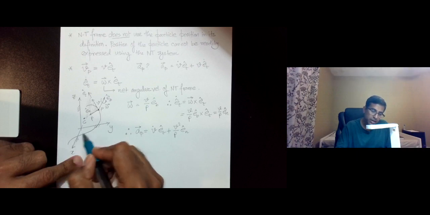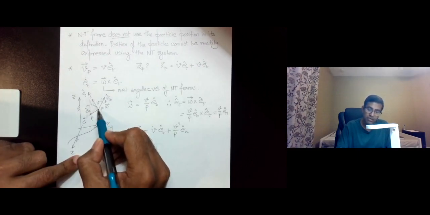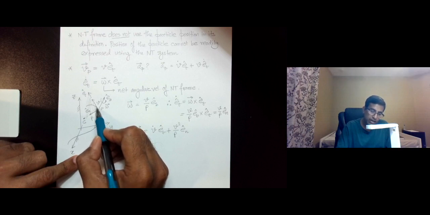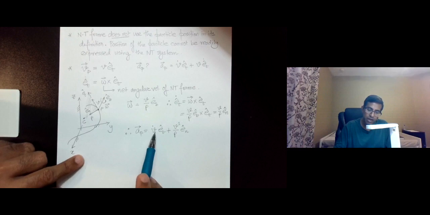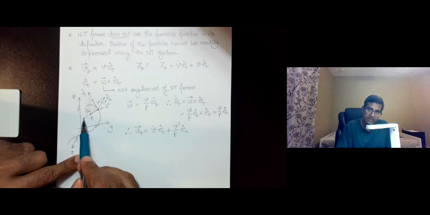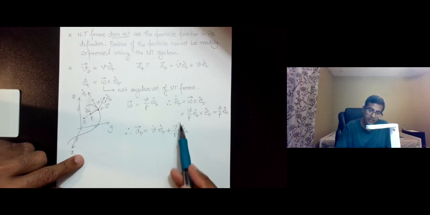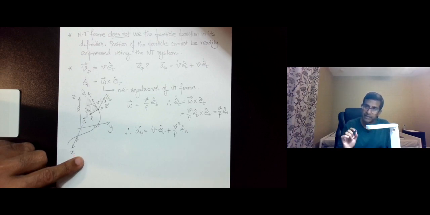As a particle goes in a curved path, its acceleration consists of two components. One is along the tangential direction, and that acceleration depends on how the velocity itself is changing with time. The other component is towards the instantaneous center, and that acceleration is given by v squared divided by the radius of curvature of that curve at that instant.